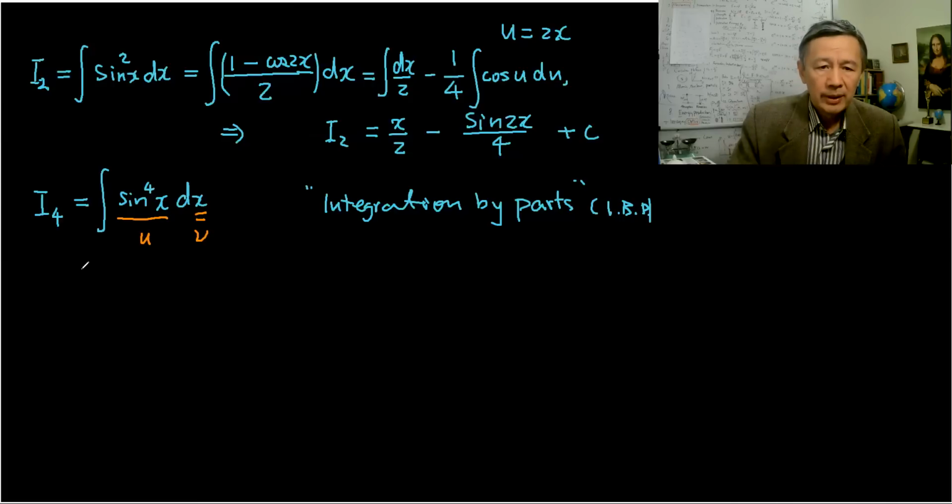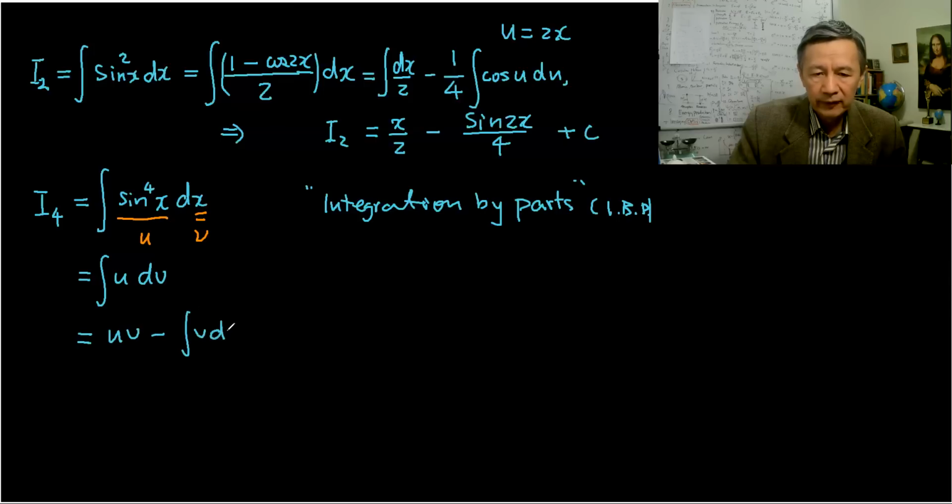So in doing so, we can rewrite this integral as u times dv. Recall the integration by parts: it can be rewritten as u times v minus the integral of v du. So what is du here?